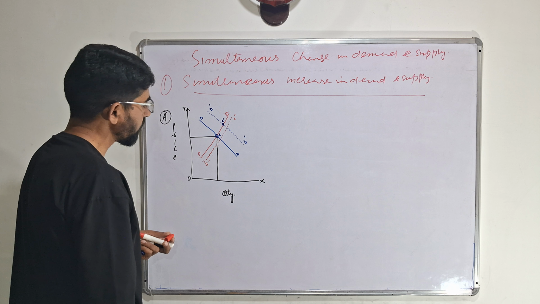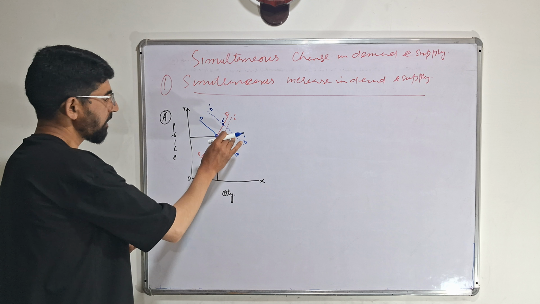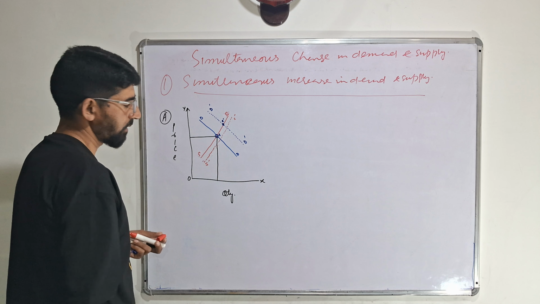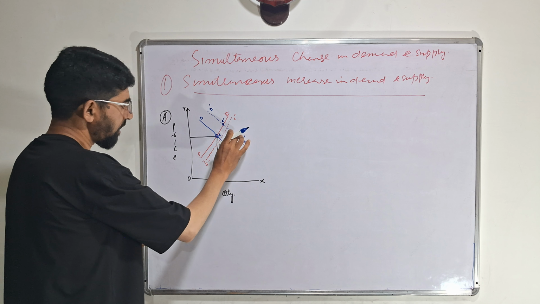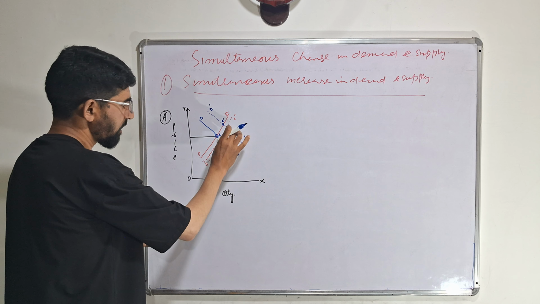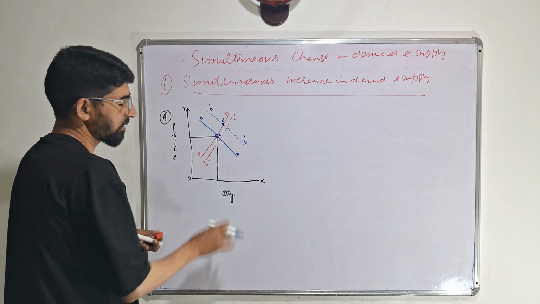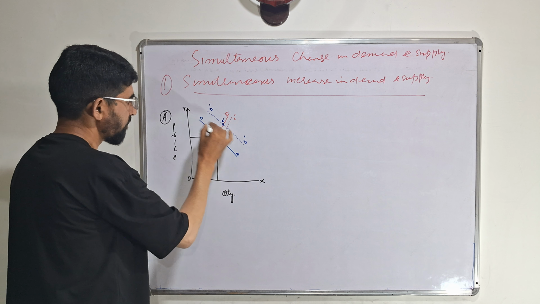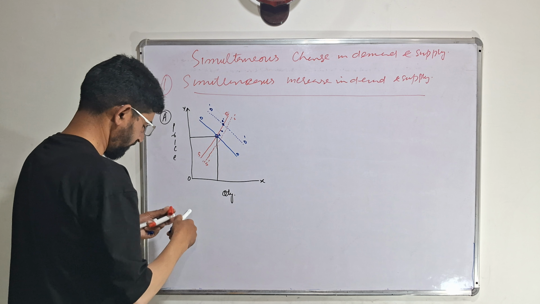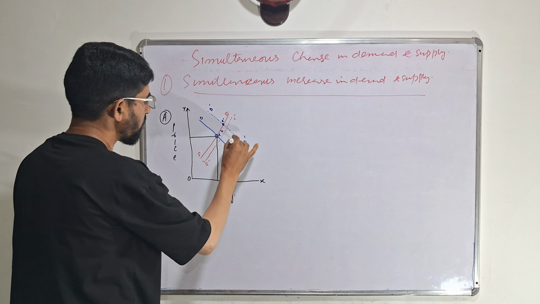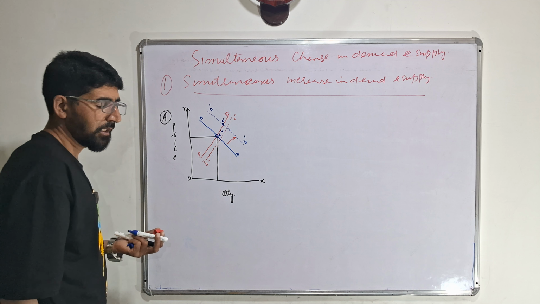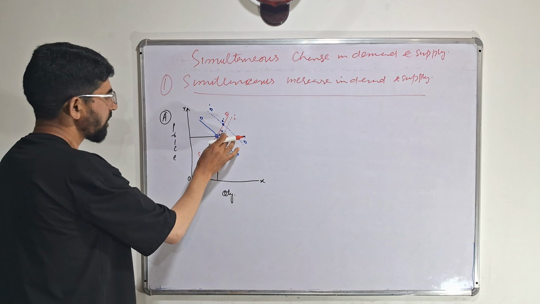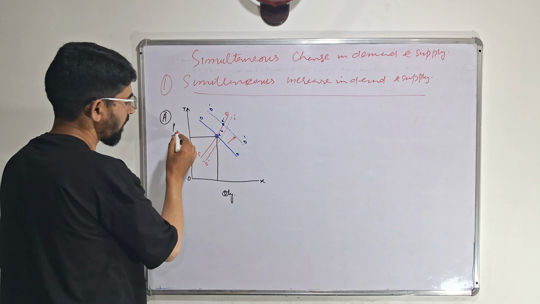Now, what do we have to read? We have to read when change in quantity demanded is more than change in quantity supplied. Change in quantity supplied is less from this to this, but quantity demanded is more. Due to the pressure of demand, this will lead to a rise in price.